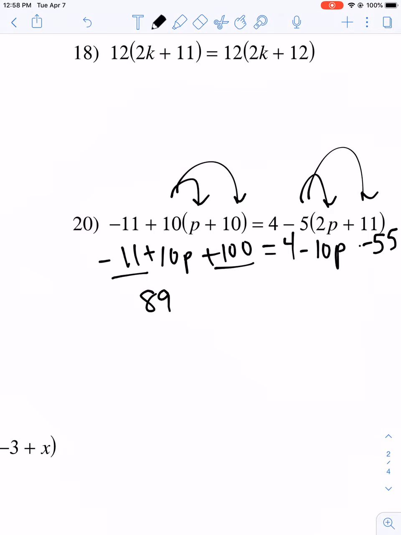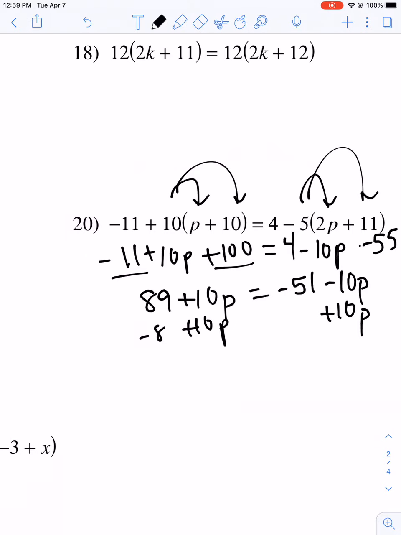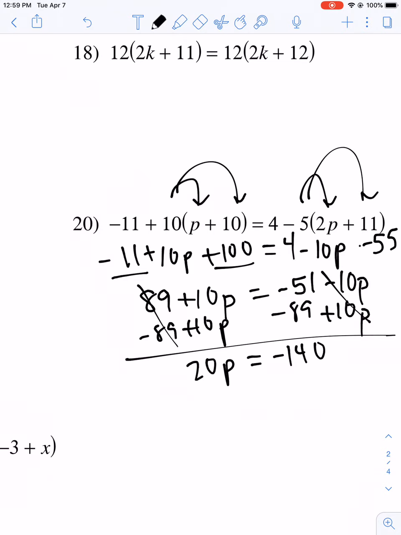That's 89 plus 10p. And this is going to be negative 51 minus 10p. Move your p's together. Move your constants together. Cancels. Cancels. 20p equals negative 140. Divide by 20. And p equals negative 7.